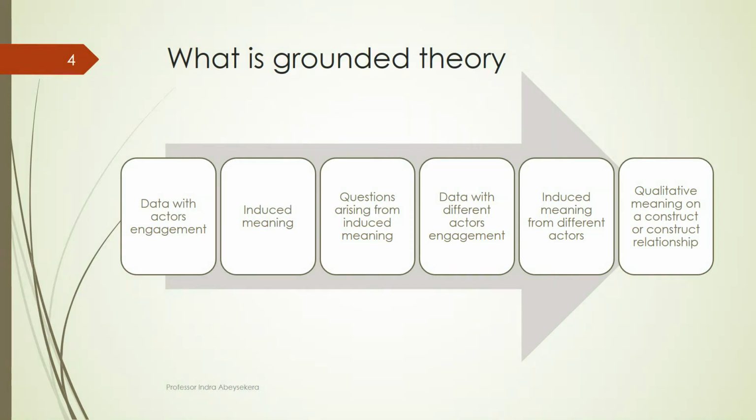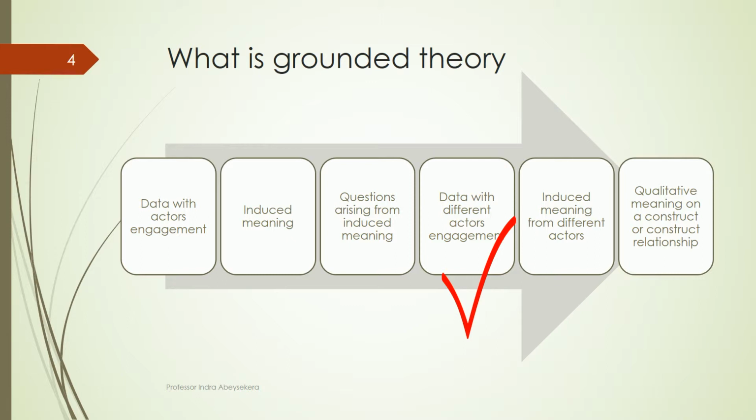This meaning will give rise to certain questions about some core concepts or core phenomena that are uncovered through this data analysis. Then the researcher focuses on those emerged core phenomena and goes out and collects data to explore more about those core phenomena that emerged from the data.